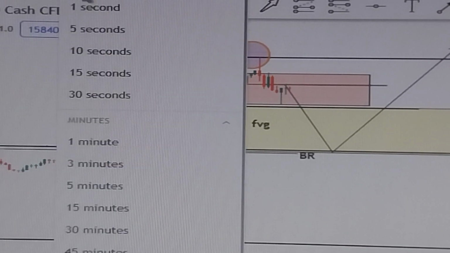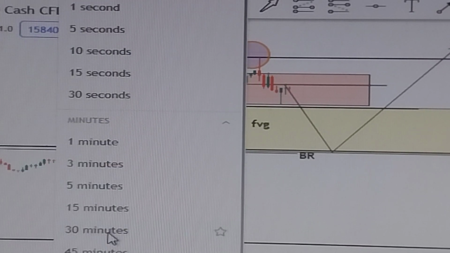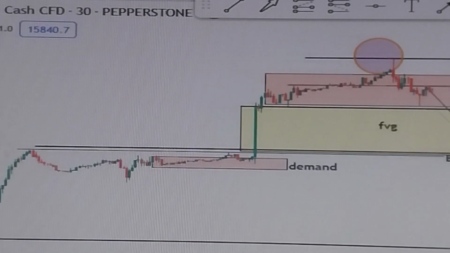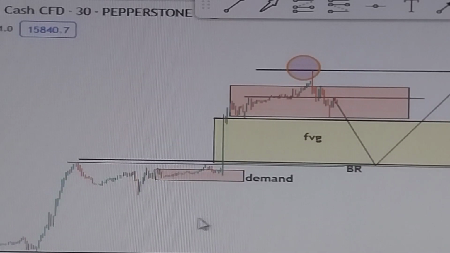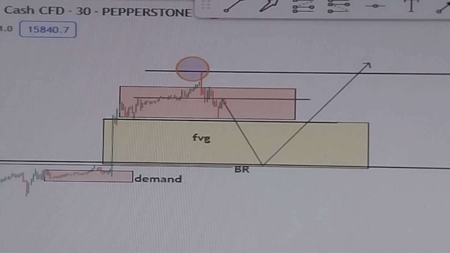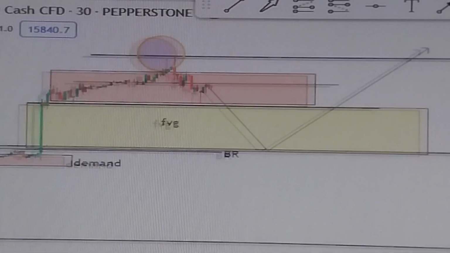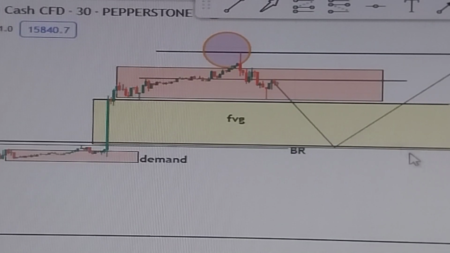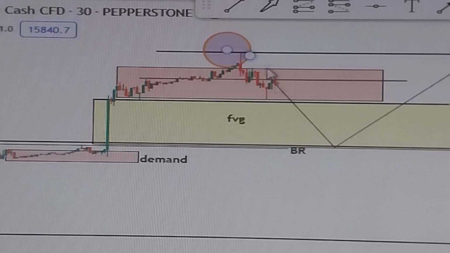When you go back again to refine this price to your 30 minutes time frame, this is what you see. The consolidation that we talked about on the 4-hour time frame is the same consolidation that we are talking about on the 30 minutes time frame.